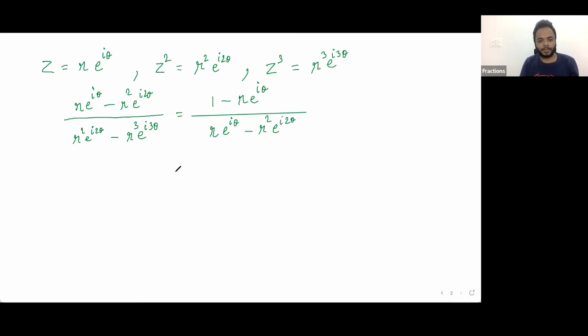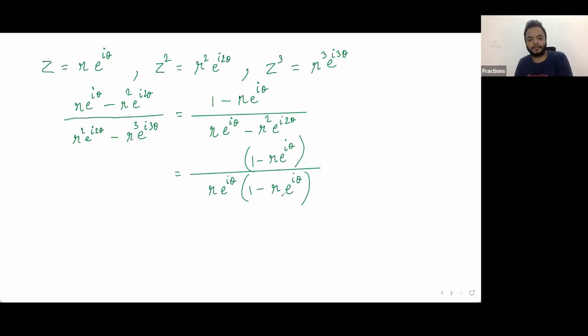And so this becomes equal to, taking r e to the power i theta common, 1 minus r e to the power i theta divided by r e to the power i theta times 1 minus r e to the power i theta. So what we have is this ratio is coming out to be 1 over r e to the power i theta.